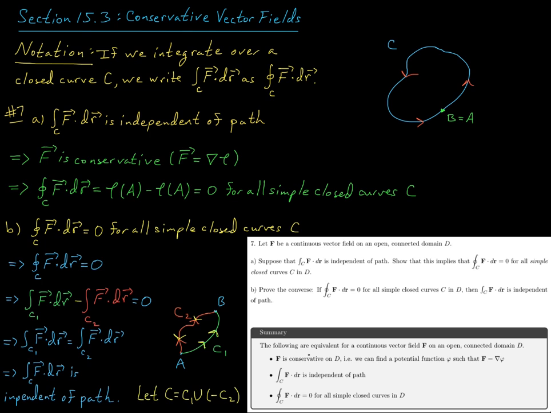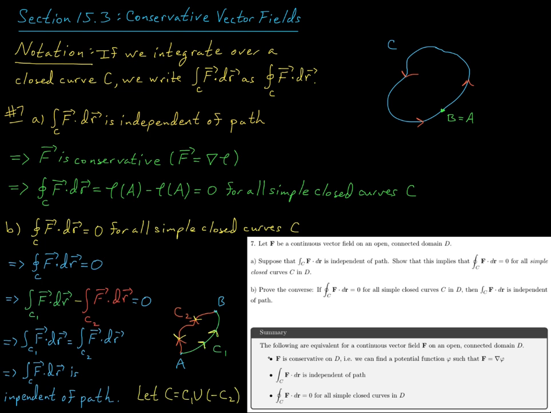And then at the bottom here is just a summary of the main results that we've studied in this section. So it says the following are equivalent for a continuous vector field F on an open connected domain D. Okay, so F is conservative on D. In other words, we can find a potential function phi such that F is equal to the gradient of phi.